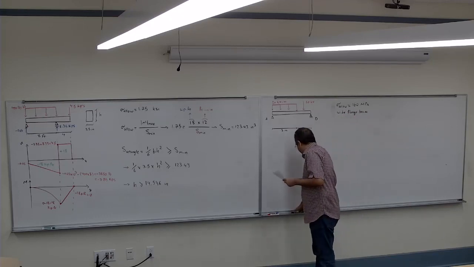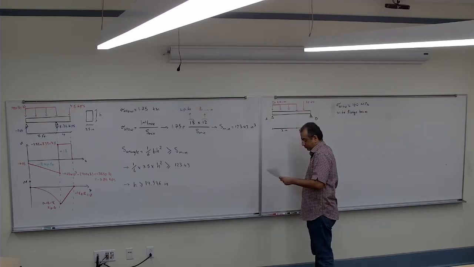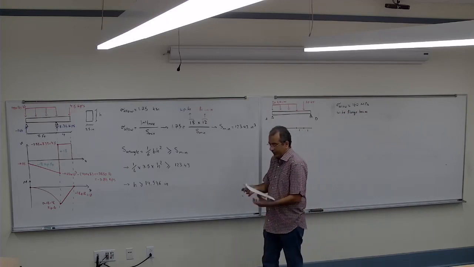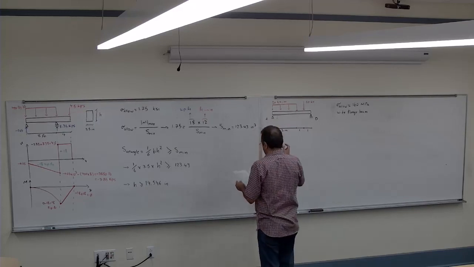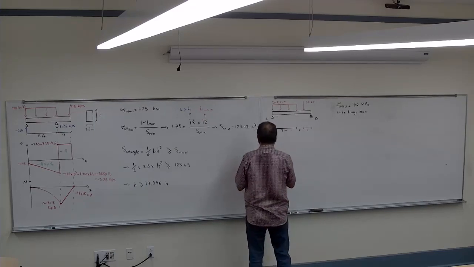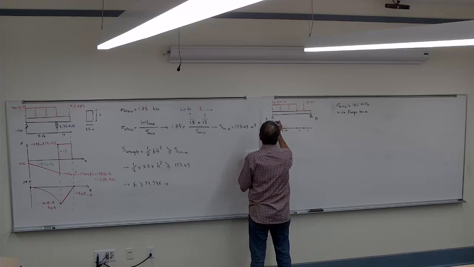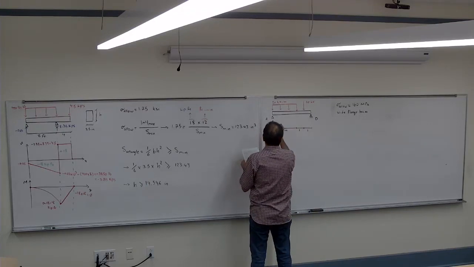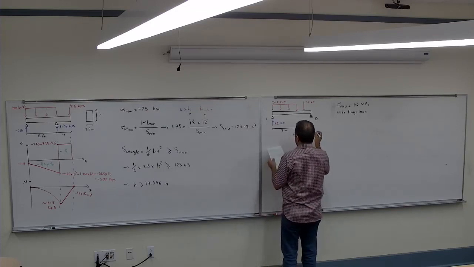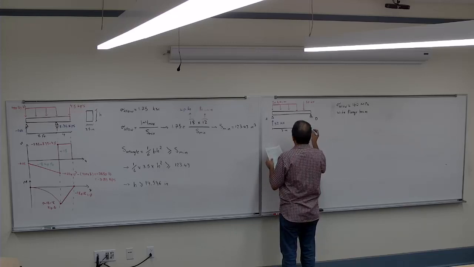So again, the very first step, you have to find the maximum moment there. To do that, you have to find the reaction of the support. For A, the book has the detail of how to calculate it. It's 52 kilonewton, and for the D is 58 kilonewton.